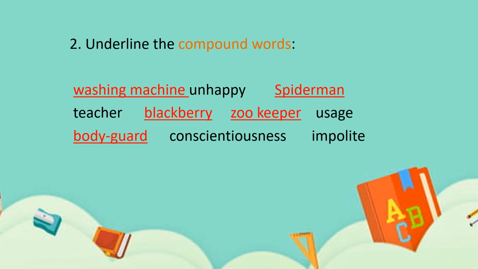Don't forget to separate the two words to distinguish either it's a compound or has a suffix or prefix. The last one is impolite. Impolite here, the stem polite, and M is a prefix, so it's not a compound and it has a prefix only.